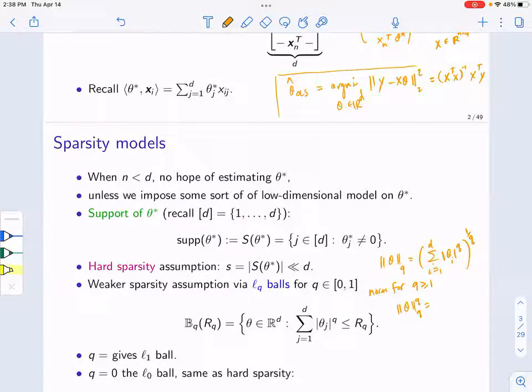Right, we don't know the pattern. If we knew the pattern, basically the problem reduces to the smaller one. That's a good point. All we know is that the number of nonzero elements is S, which hopefully is much less than P. But there's no assumption about the locations.